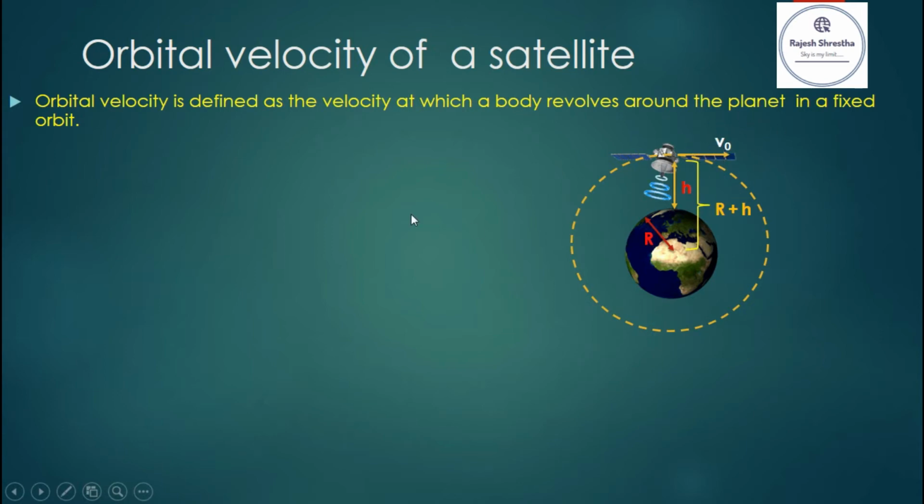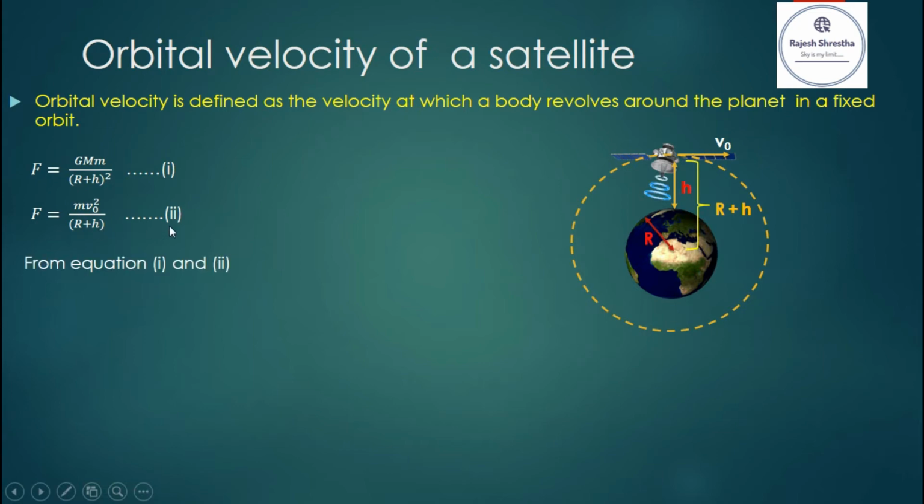Now the force of attraction between the satellite and earth can be calculated as F equals GMm by (R plus h) whole square, equation first. Similarly, the centripetal force can be written as F equals m v0 square by R plus h.